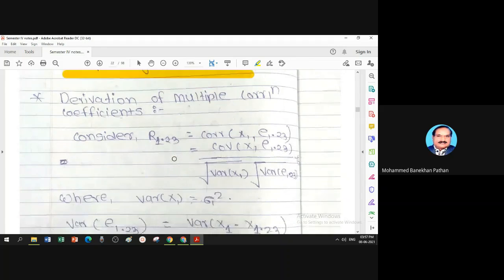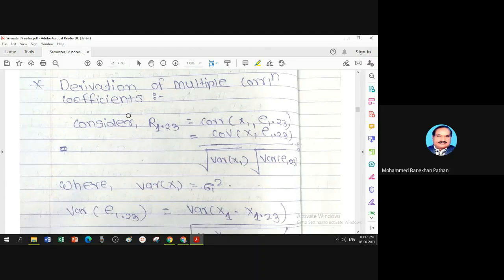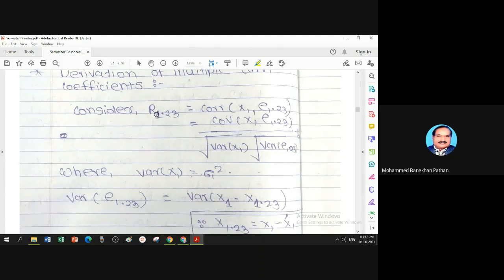Very important topic now: derivation of the multiple correlation coefficient. So we try to derive the formula by using the definition of the multiple correlation coefficient. Let us begin. R1.23 is written by definition this way.